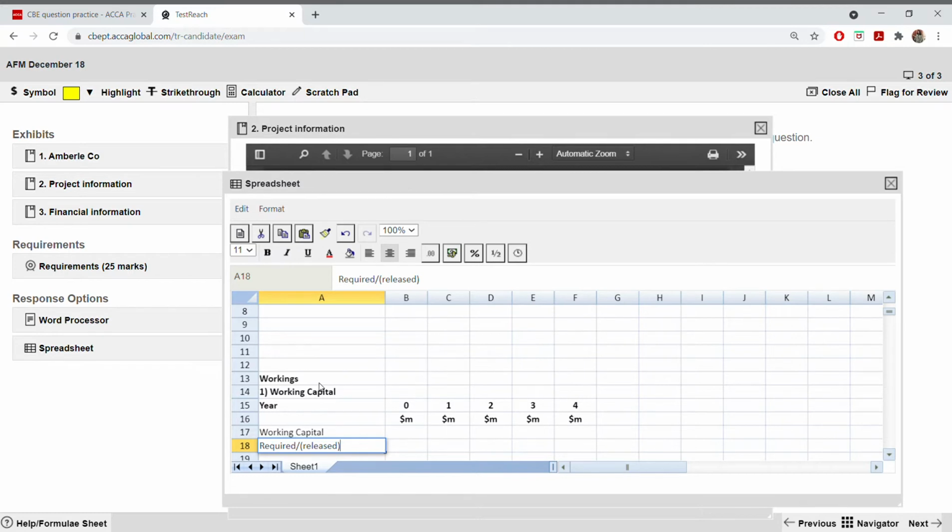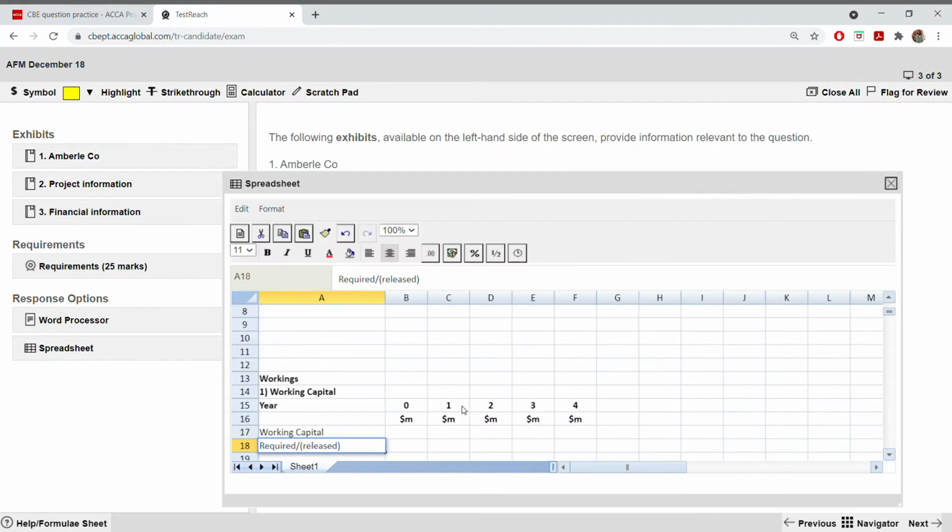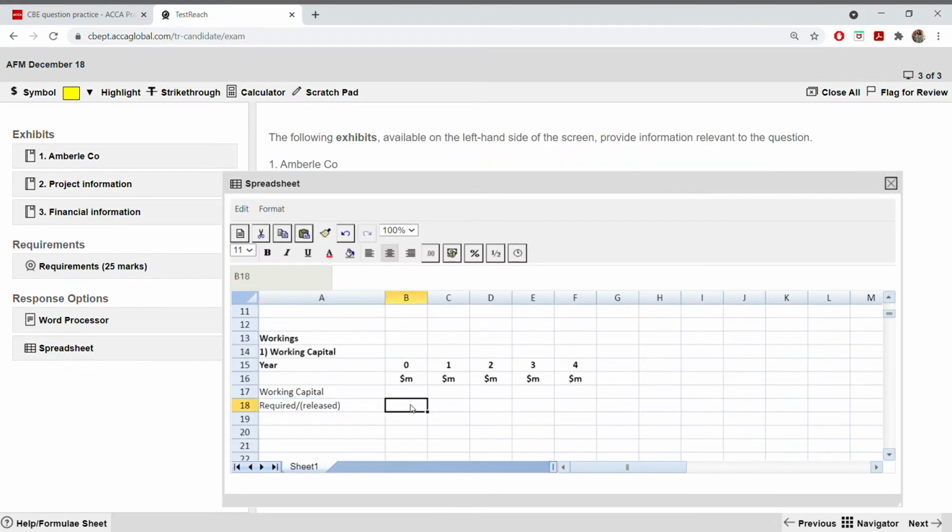So for working capital, what is your working capital? You need to go to the project information and see your working capital starts with 6. Starts with 6 means this is year 1. This will be required immediately. So 6 million will come here. If you put 6.00, you will see it will come as 6, so you need to format the cells.